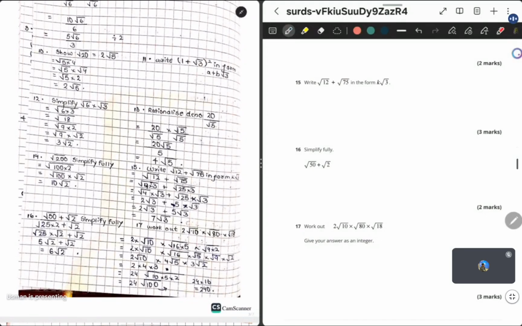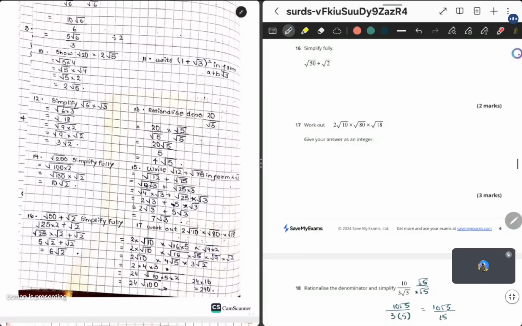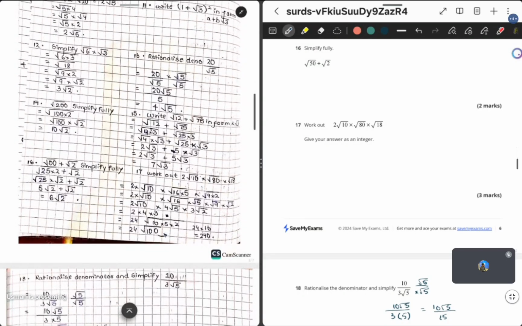This comes out to 2 times 25, which is 5 to 2, 6 to 2. Good. 17 to 40. Good.